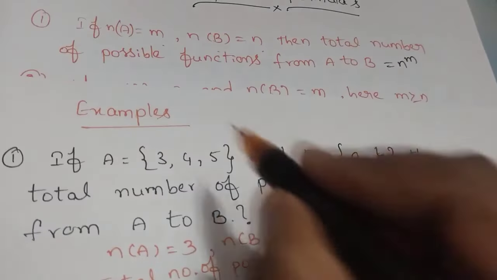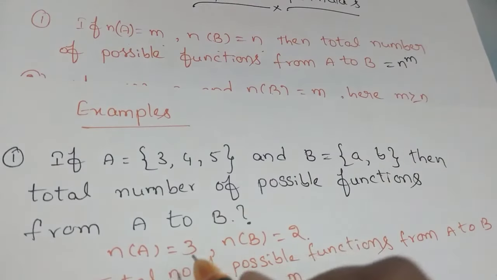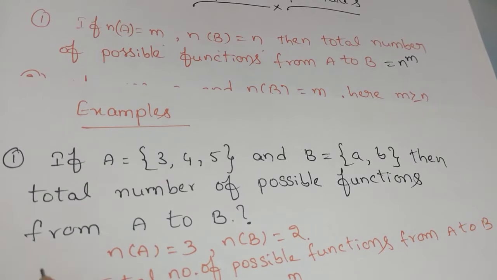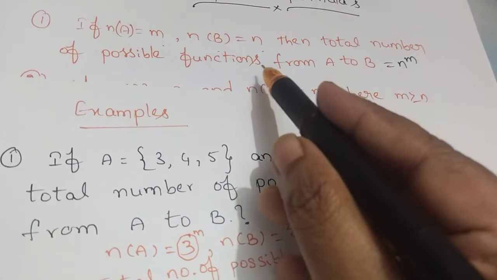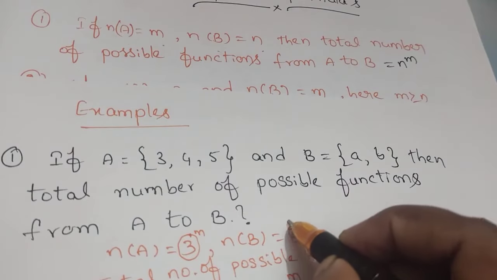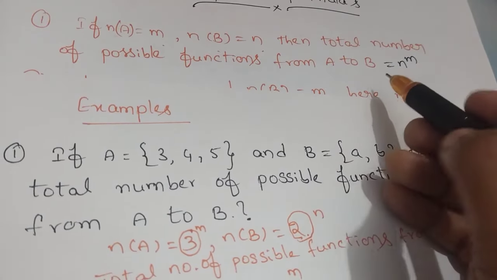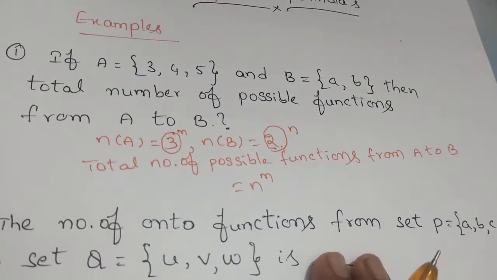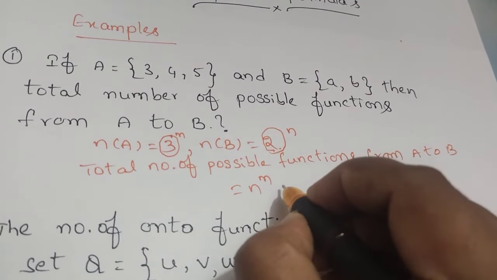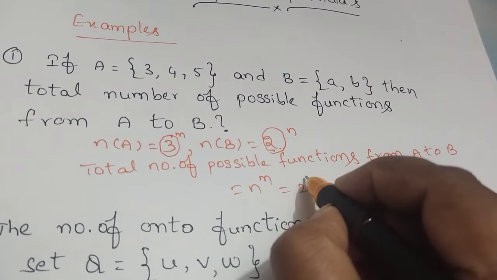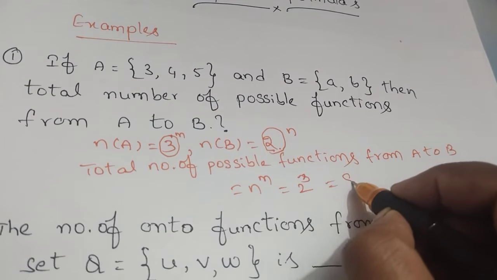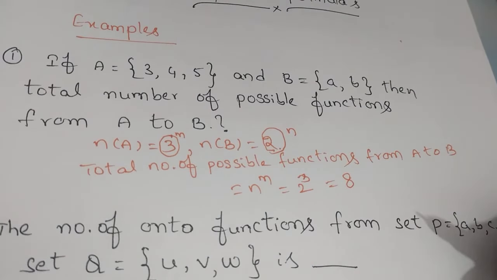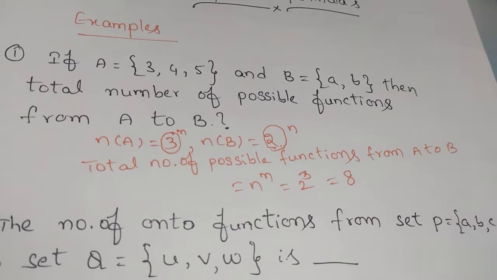You compare: n of A is equal to m, so m is 3, and n of B is n, which is 2. So 2 power 3, the answer is 8. So there are 8 possible functions from A to B.